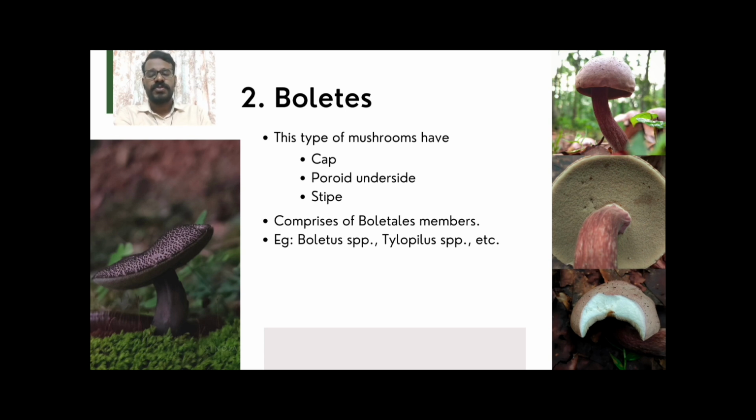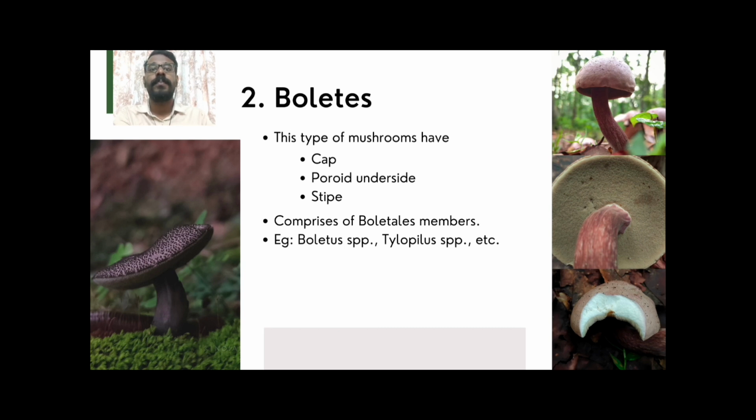Second category of mushrooms are boletes. These are similar to agarics in stature, but with a small difference. The main difference is that instead of gills, these mushrooms have pores on their underside. So they are poroid.